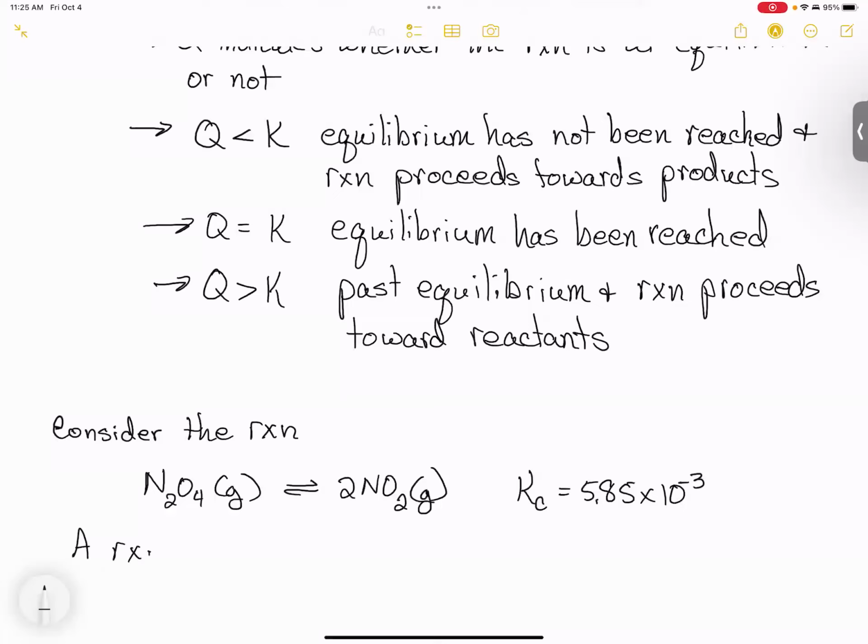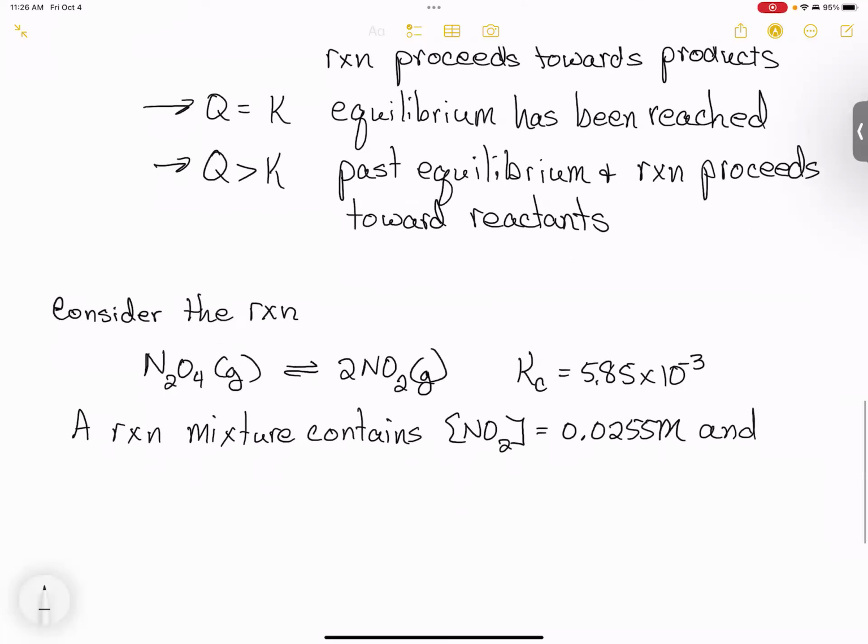A reaction mixture contains NO2 of 0.0255 molar and N2O4 at 0.0331 molar.